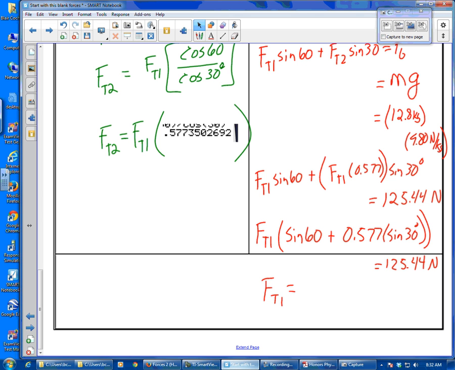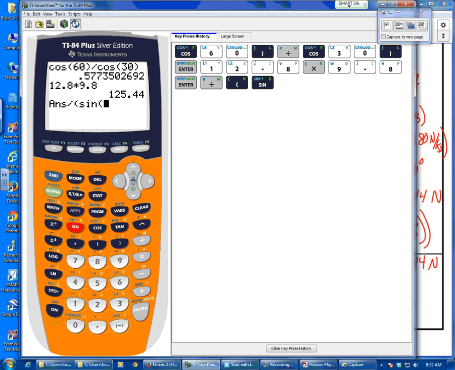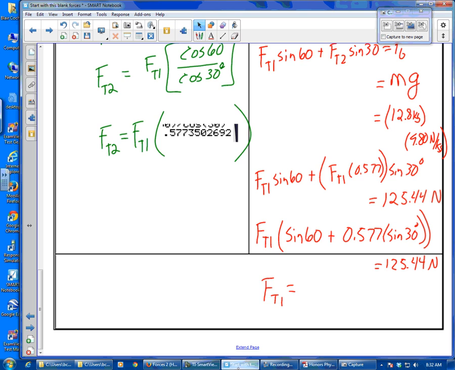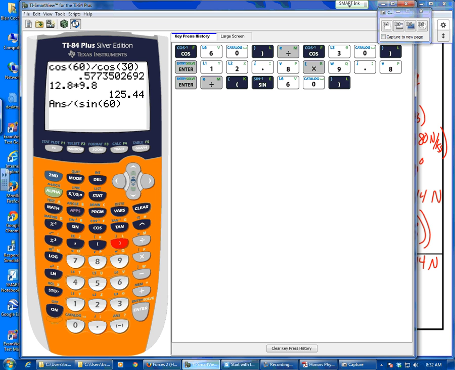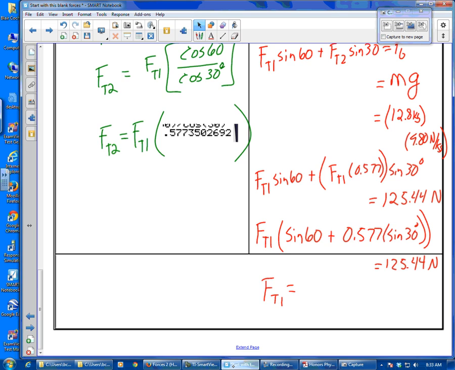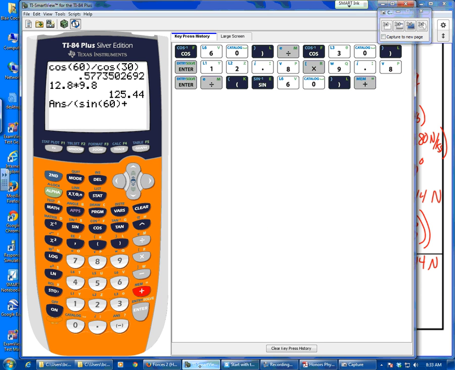So that's sine of 60 plus my 0.577, which is times sine of 30, is it?